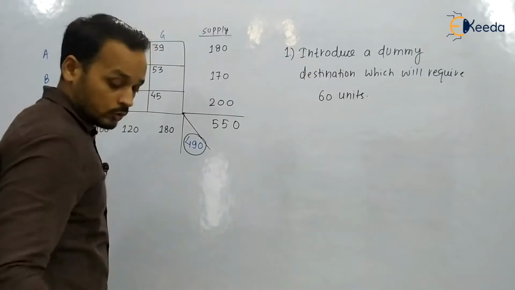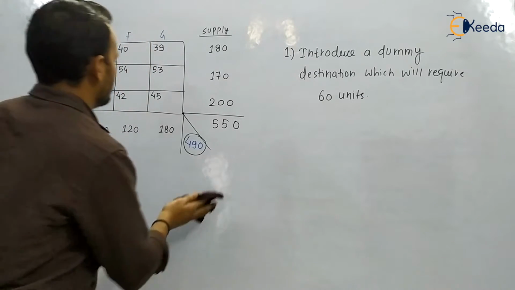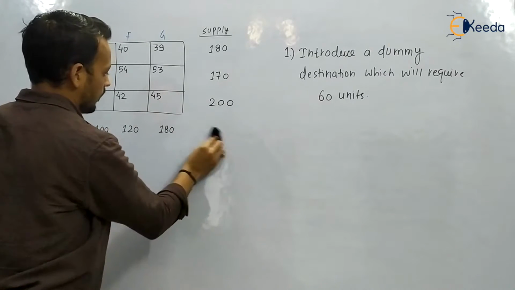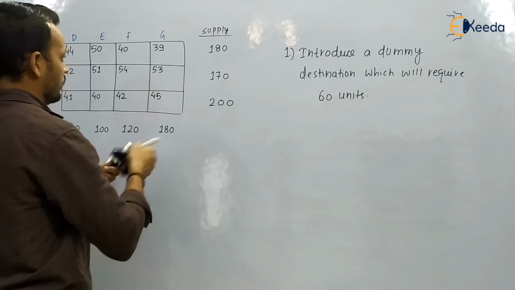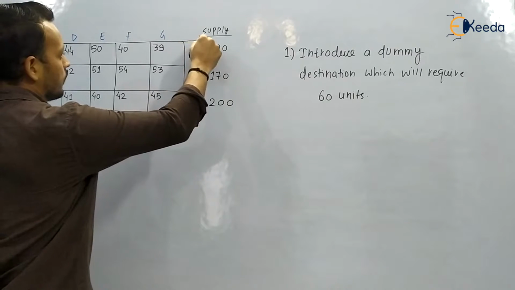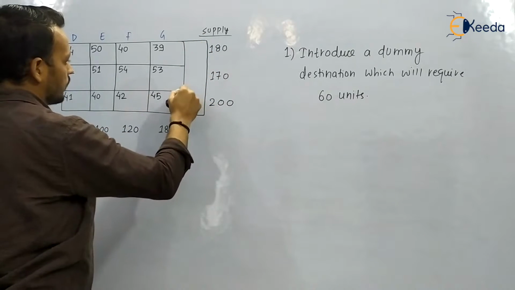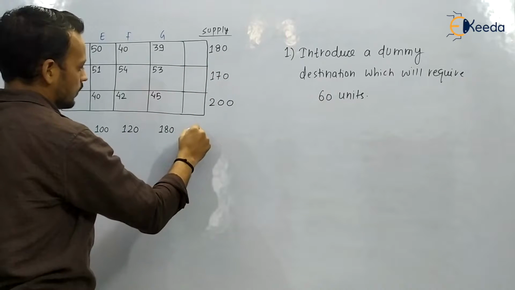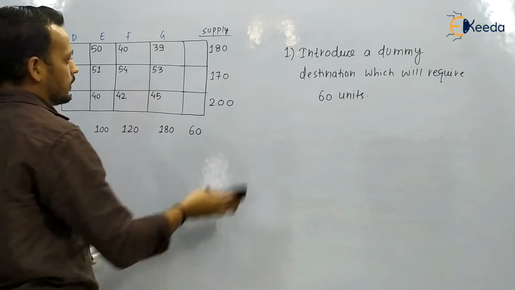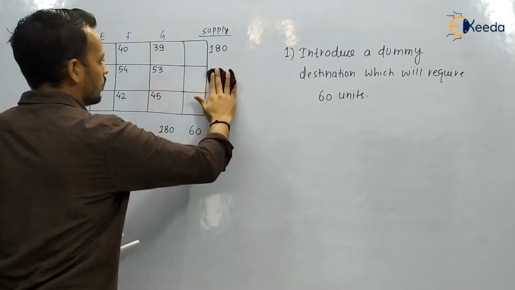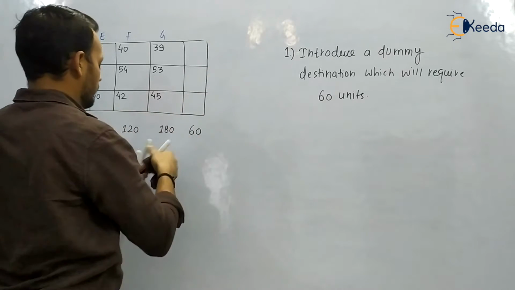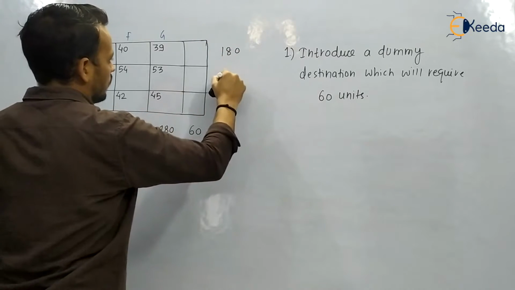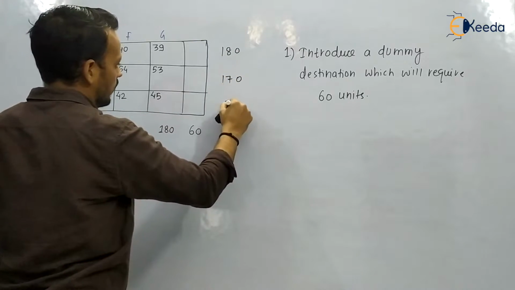So we will introduce a dummy destination here, with demand 60, and the supply is 180, 170 and 200.